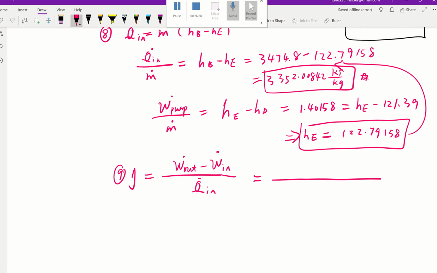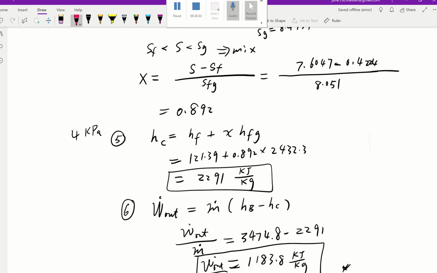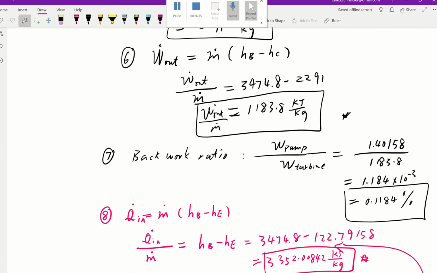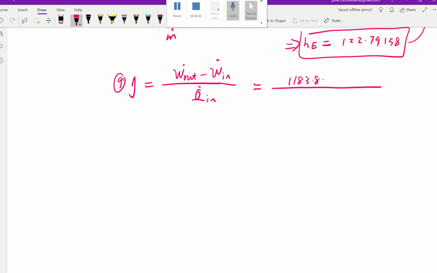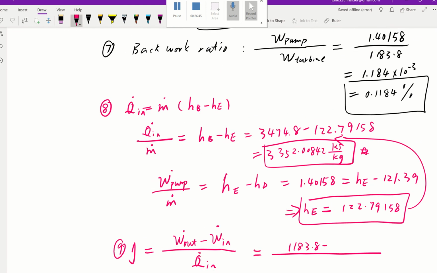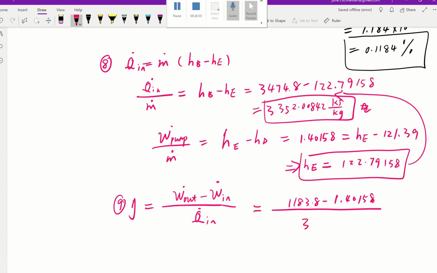The turbine work is 1183.8, the pump required work is very small, 1.40158, and the heat required we just calculated is 3352.00842. I obviously put too many decimals, but now let's go ahead.